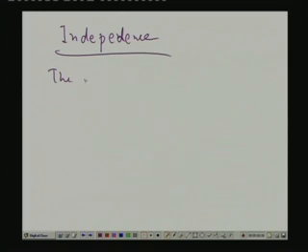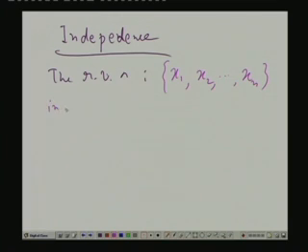The random variables are called independent. It is just an extension of the concept of statistical independence. Earlier we had independence of 2 random variables, now extended to the case of n random variables, nothing else.